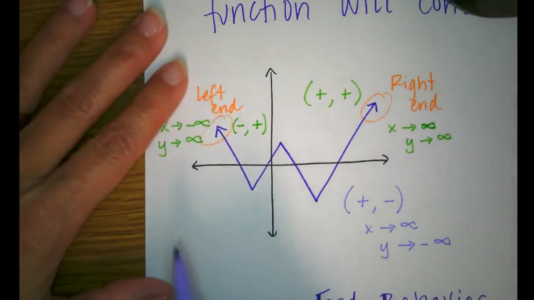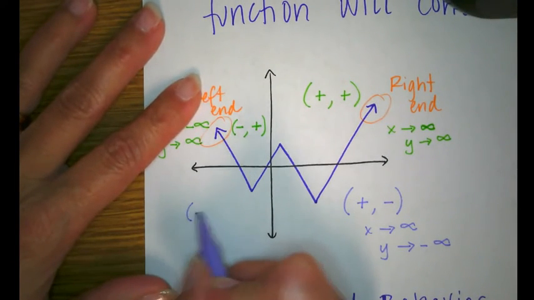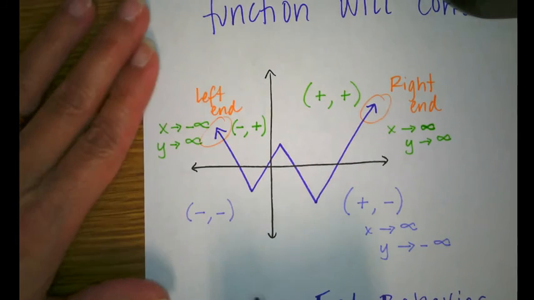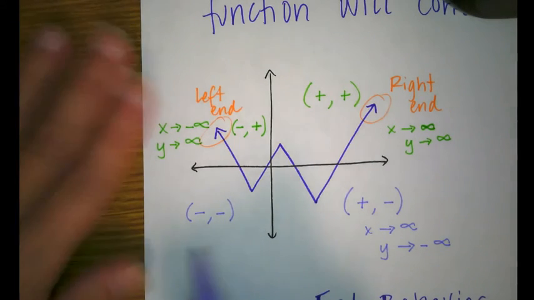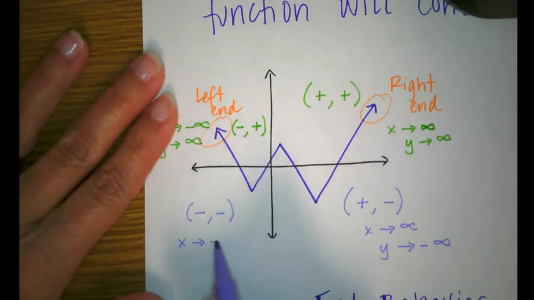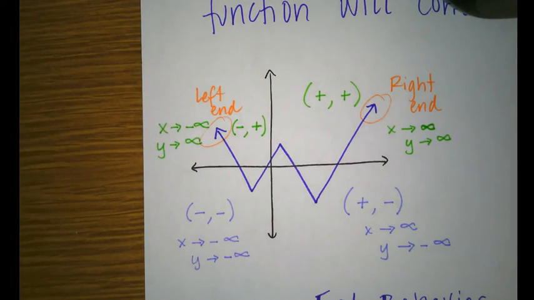And then if we look over here at this quadrant, the x and the y are both negative. So if there's an arrow in this quadrant, then the x is just getting more and more negative, and the y is getting more and more negative.